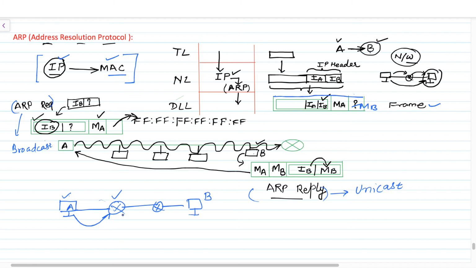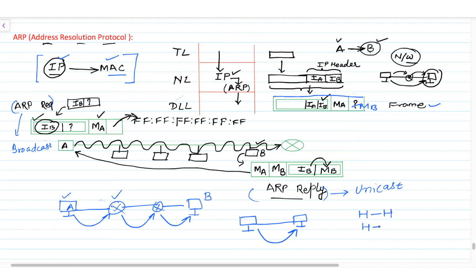Next, ARP can be used by a router to know the MAC address of another router, or ARP can be used by a router to know the MAC address of a host. And one more possibility: when these two systems are in the same network, then ARP can be used by a host to know the MAC address of another host.